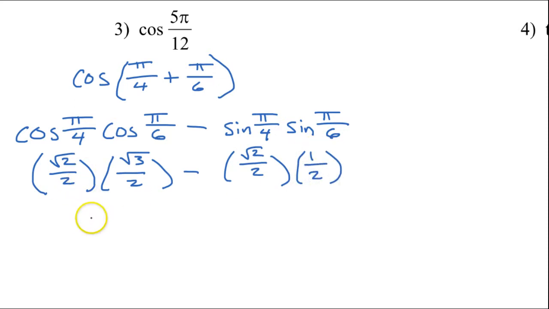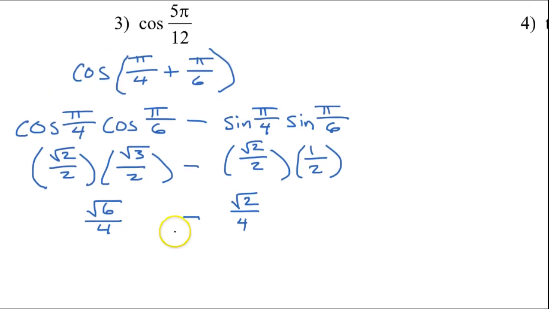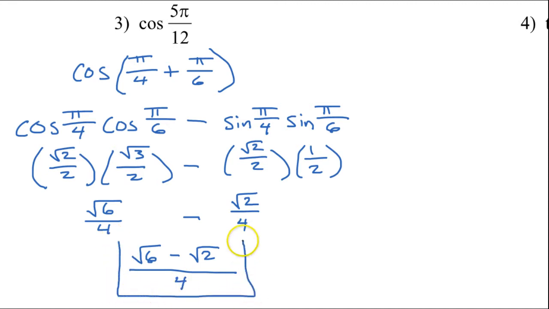Multiplying these together, we have radical 6 over 4. Multiplying these together, we have radical 2 over 4. Since we have like denominators, we can combine these and we get radical 6 minus radical 2 all over 4. So this is the answer to number 3.